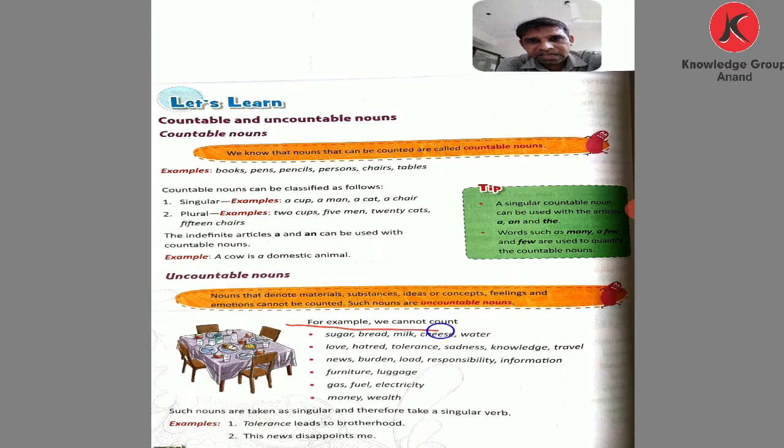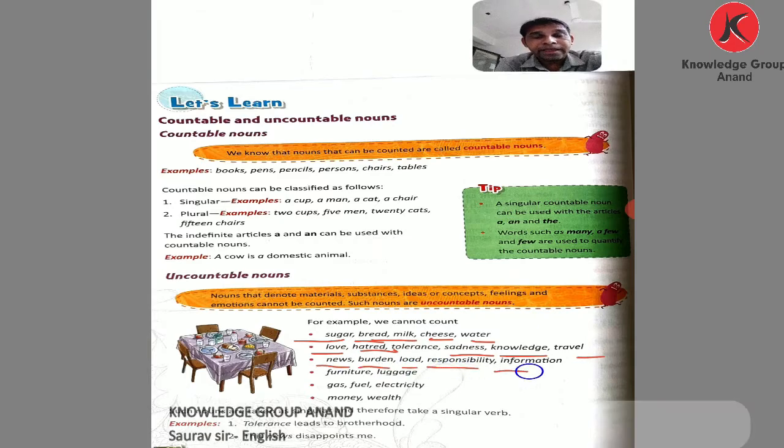Now see the examples given here: sugar we cannot count, bread we cannot count, milk, cheese, water, oil, love, hatred, sadness, knowledge, travel, news, burden, load, responsibility, information, furniture, luggage, gas, fuel, electricity, money, wealth.